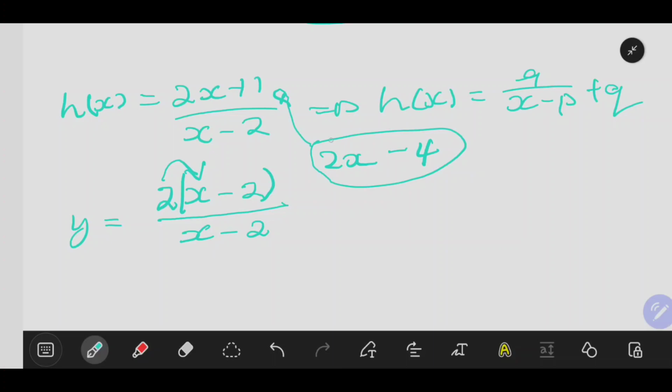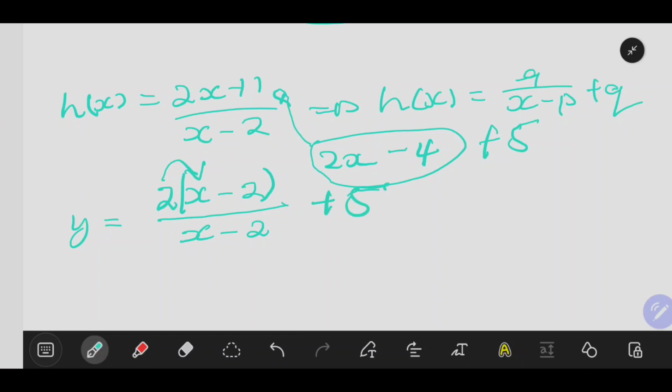So in order for them to be equivalent, we need to add, because this is 2x plus 1. So 2x, we already have it, but here we are having negative 4. So in order for us to have 1 here, we must add 5 in order for the sum to be 1. So it means we must add 5 here.